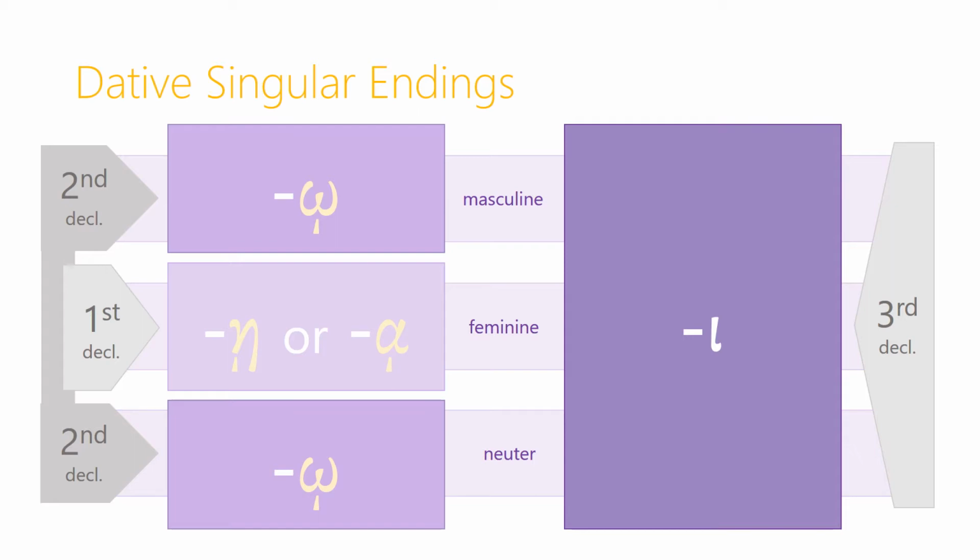Similarly, in the first declension, we end up with that iota moving underneath the connecting vowel, whether it's eta or alpha, as an iota subscript. In the third declension, on the other hand, the iota consistently stays at the end of the stem.